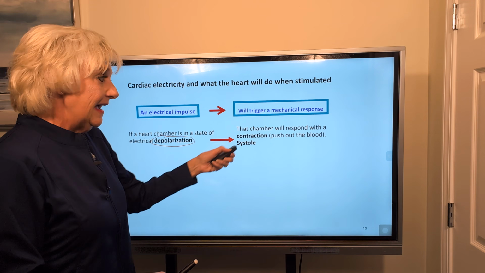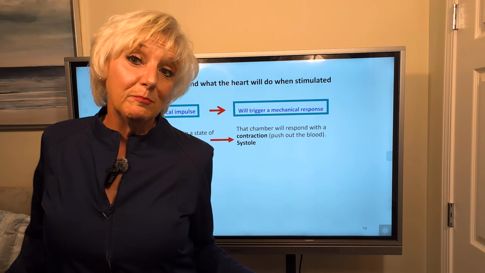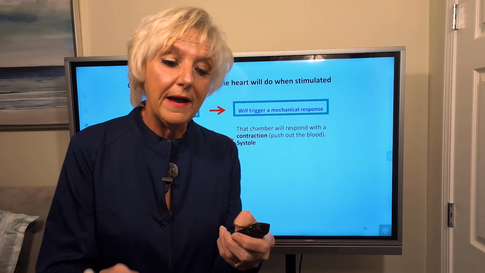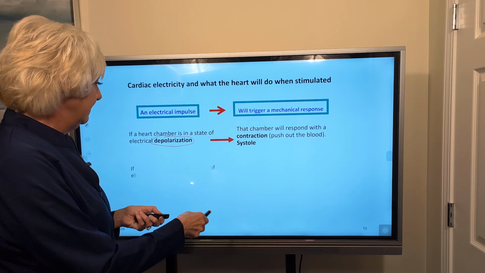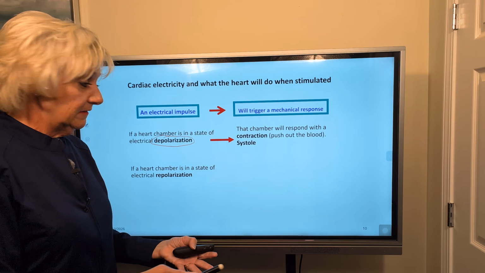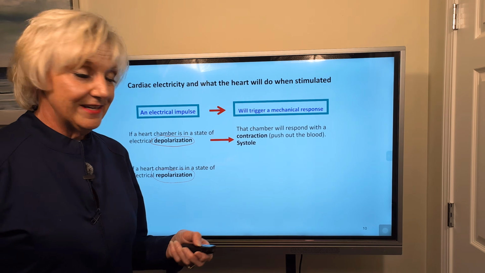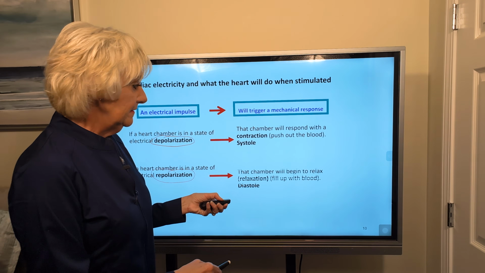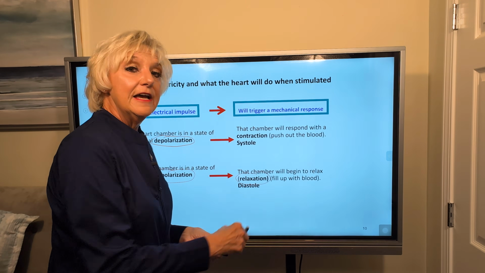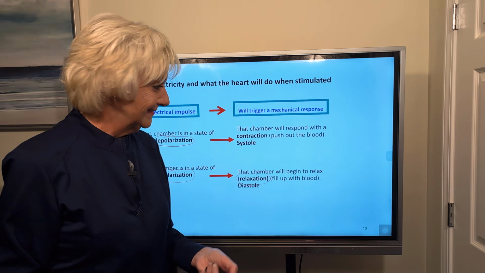No more than that. Then, after a chamber has pushed out its blood, it's empty, so it's time to fill back up. So watch what's going to happen. Another electrical event. If any chamber is in the state of repolarization, then it's going to relax and fill back up with blood.